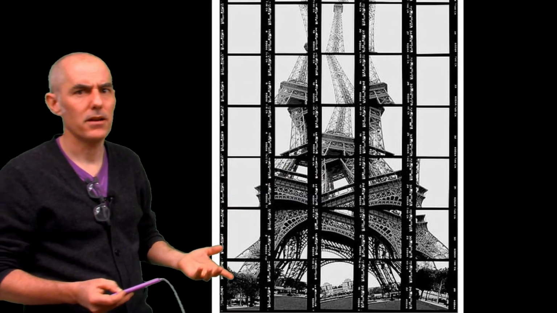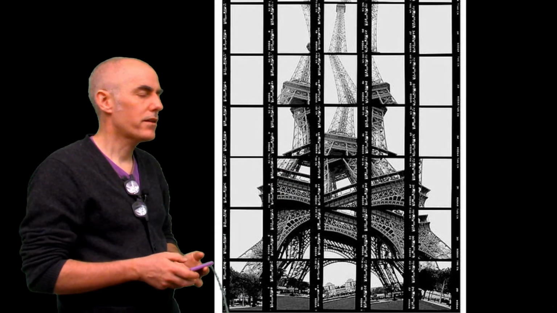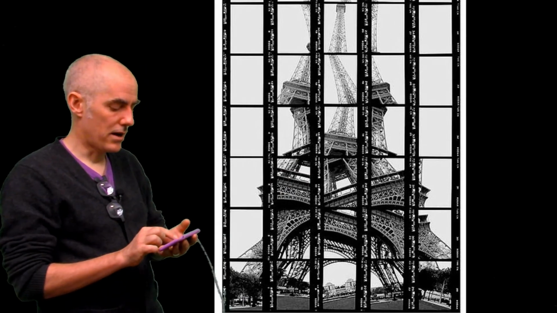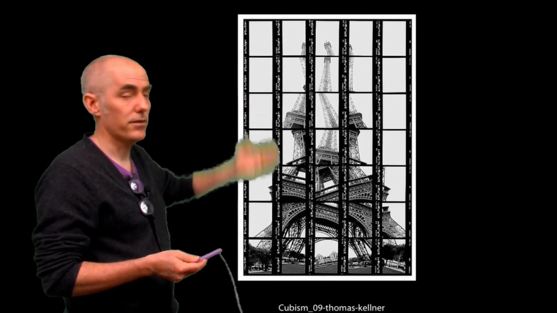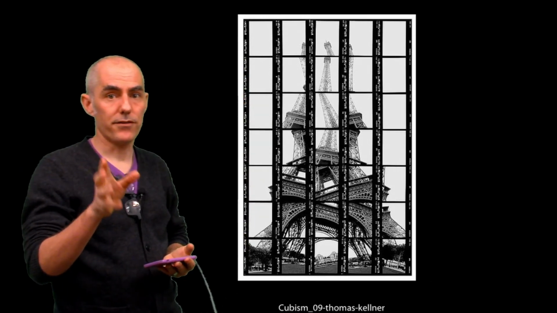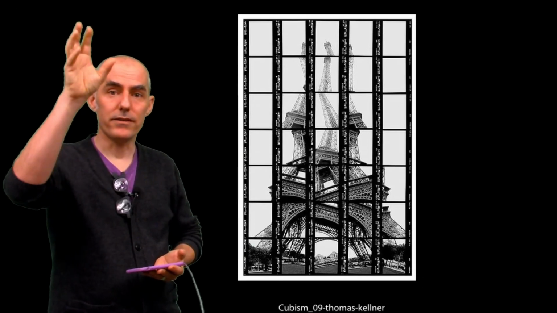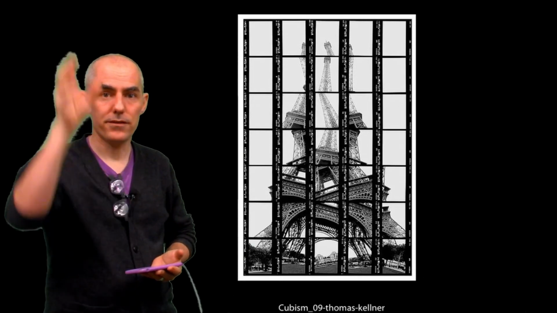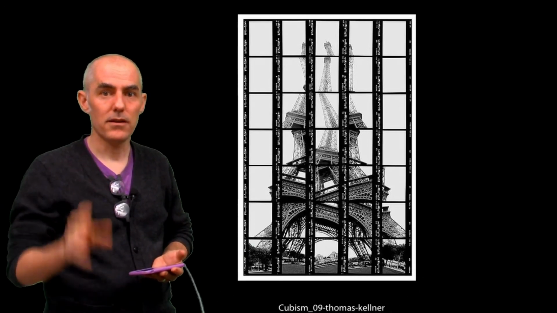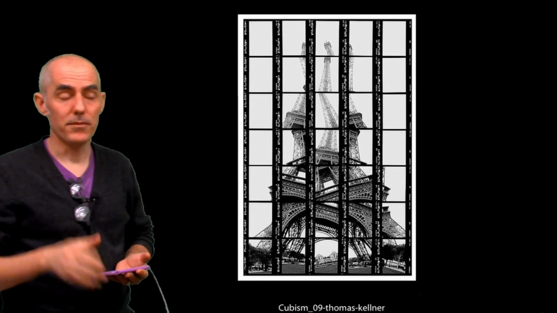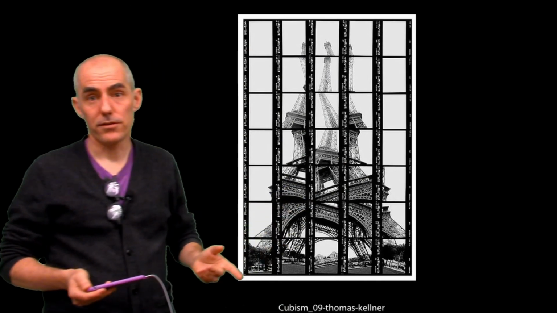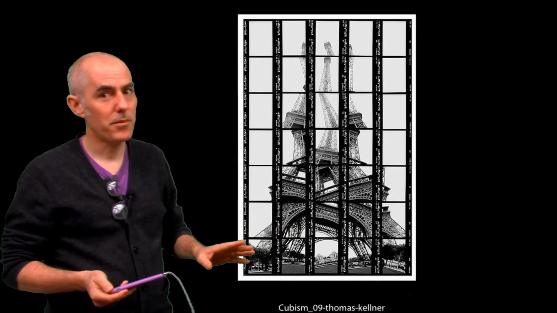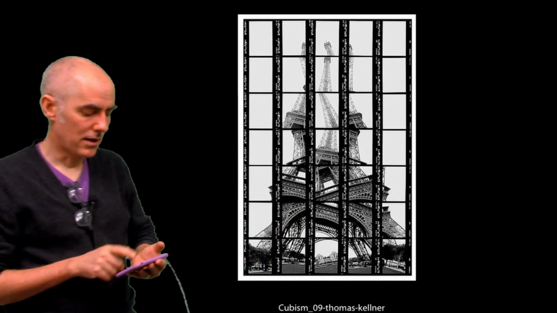Like, no, come on. Thomas Kellner doing this by, this is his contact sheet. So he's very, very carefully and thoughtfully figured out what each frame in the sequence needs to be so that I can assemble them into this overall picture. Looks haphazard, is not haphazard.